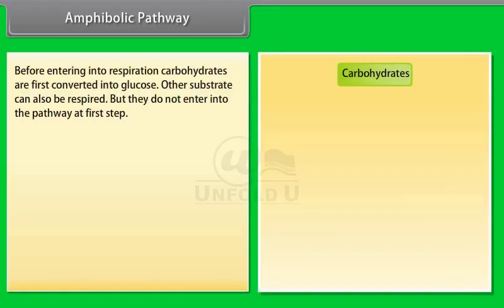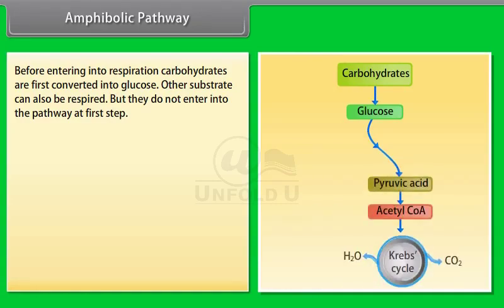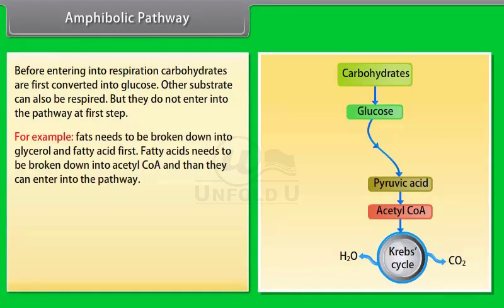Amphibolic pathway. Generally, carbohydrates are used as substrates for respiration. Before entering into respiration, carbohydrates are first converted into glucose. Other substrates can also be respired, but they do not enter into the pathway at the first step. For example, fats need to be broken down into glycerol and fatty acids first.